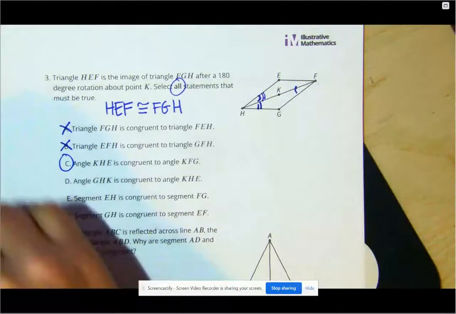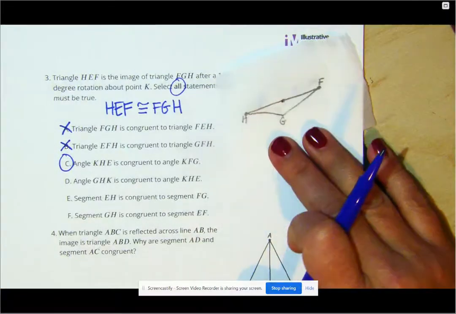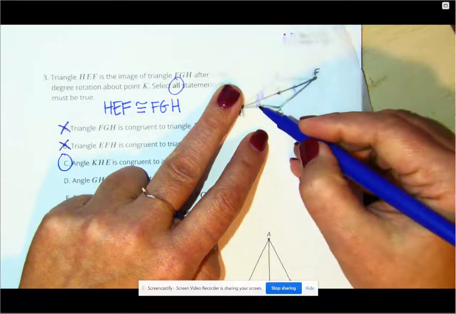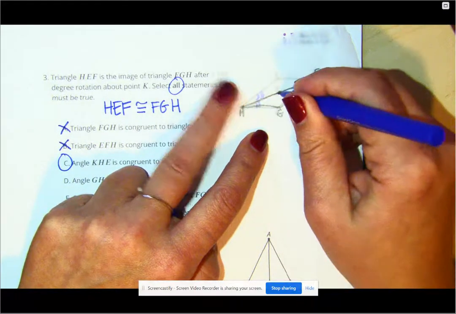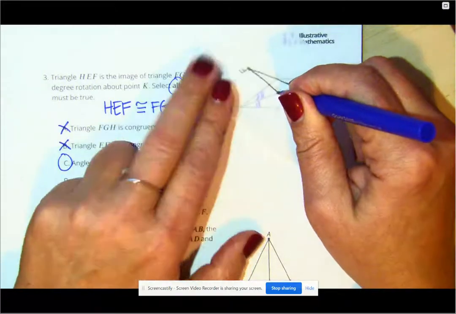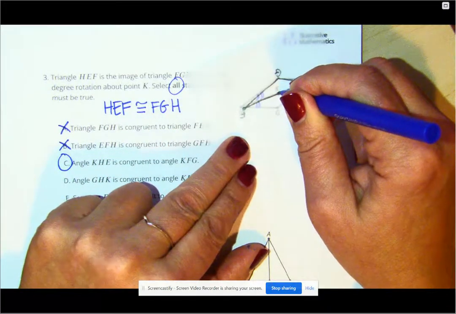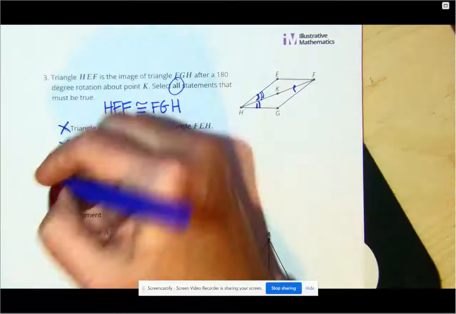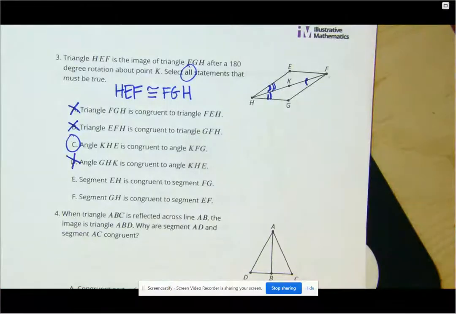No, because when I rotated it, this angle goes over to this side. Watch it. That angle is over there now. No, not true.